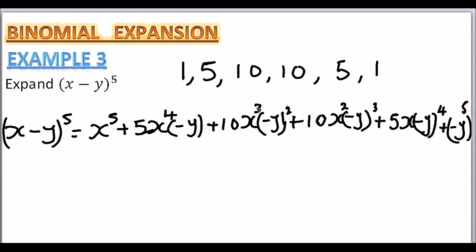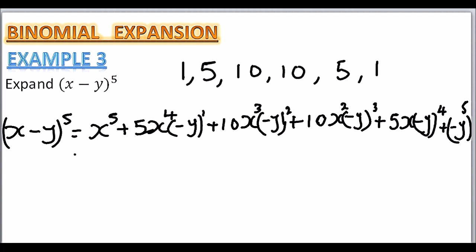So note here, when you add the powers of the terms, for example here y 5, 4 plus 1 you get 5, 3 plus 2 you get 5, 2 plus 3 is 5, 1 plus 4 is 5, and finally 5. So the total of the indices should be 5.